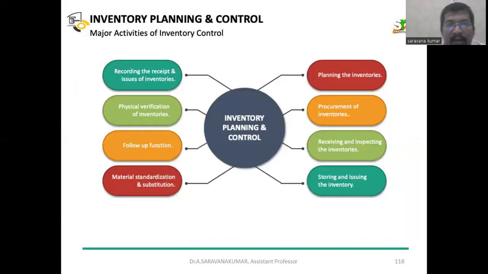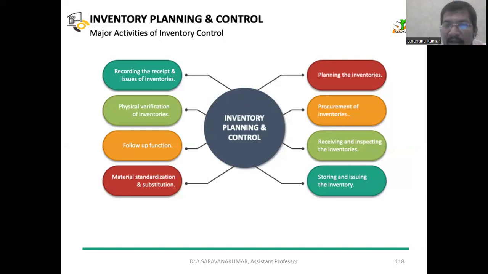So this is that picture. It's clearly explained, inventory planning and control. So what are the major activities of inventory control? First you have to plan the inventory. What about your plan to purchase the inventory, that is the stock? Then procurement of inventories. You have to inspect whether it is of quality level, whether it is ISO certified.